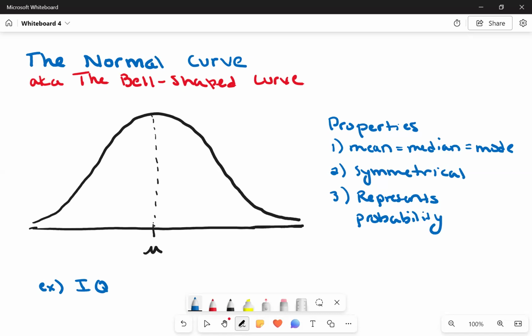Okay, before I state property number 4, I want to mention a really cool feature about the normal curve, and that is we can display standard deviation on the normal curve. So let's say this is 1 standard deviation away from the mean. Then this would be another standard deviation away from the mean, and another standard deviation away from the mean.